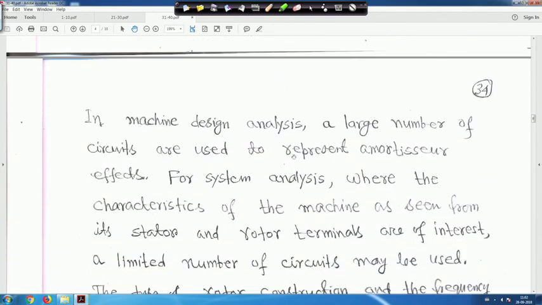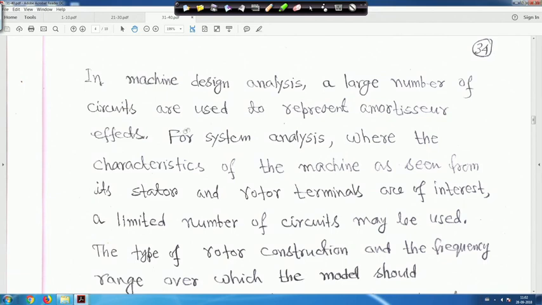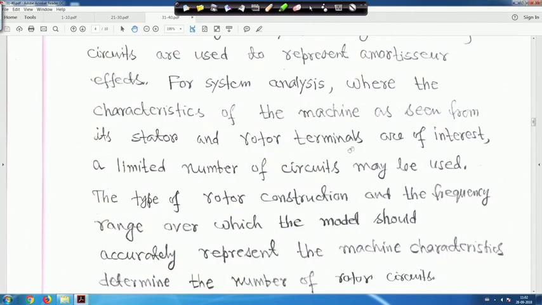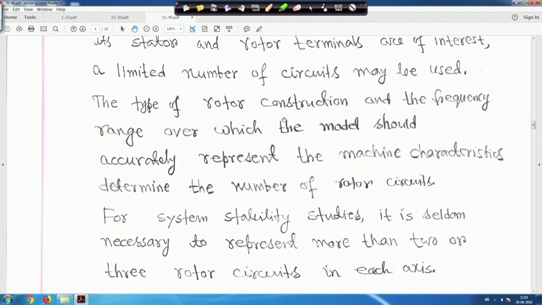In machine design analysis, a large number of circuits are used to represent armature effects. For system analysis, where the characteristics of the machine as seen from its stator and rotor terminals are of interest, a limited number of circuits may be used. The type of rotor construction and the frequency range over which the model should accurately represent the machine characteristics determine the number of rotor circuits.